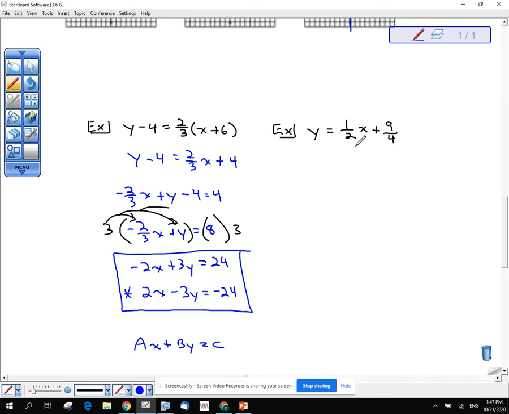Let's do this last one. Just to be different, let's go ahead and multiply through first this time, right? Rather than waiting till the last step, let's do it on the first step. Think about what number you'd want to multiply through by in order to get rid of fractions. If you're thinking of 2, 2's not going to do it, because even though 2 will wipe out the 1/2 here, 9/4 times 2 is just 9/2. You still have a fraction there.